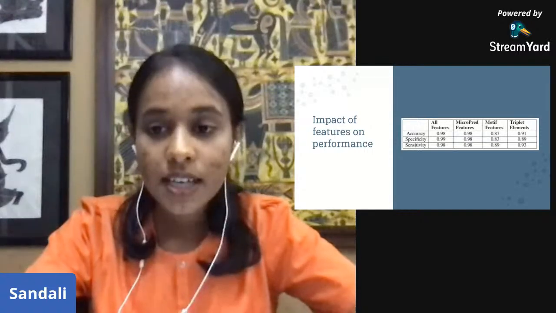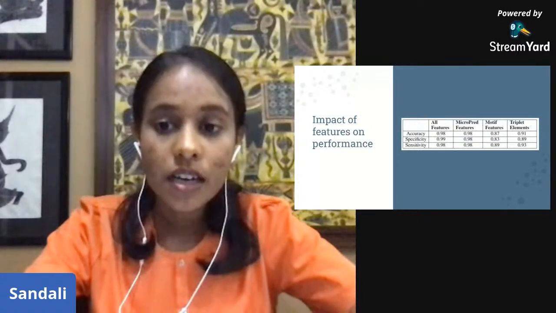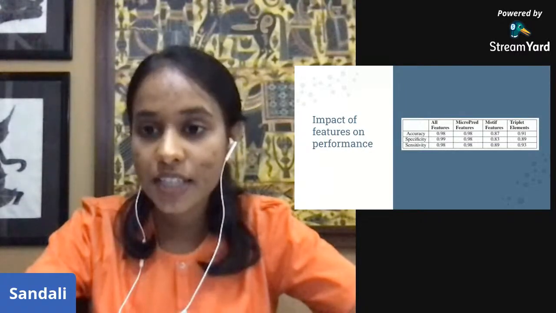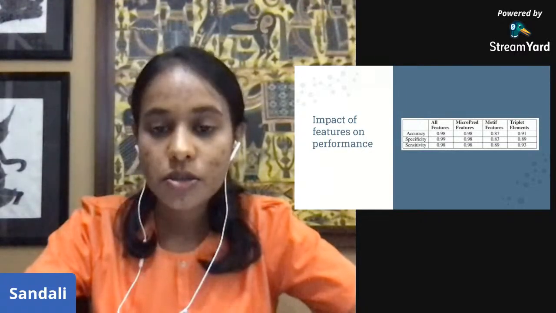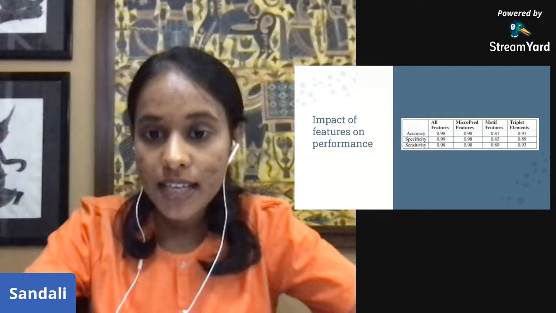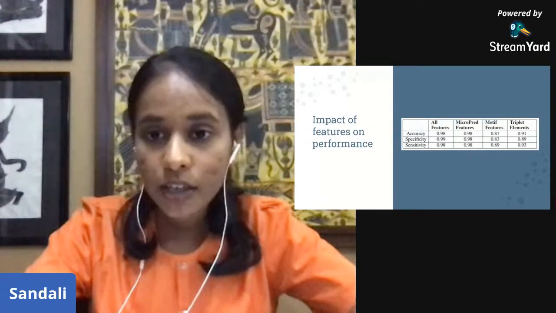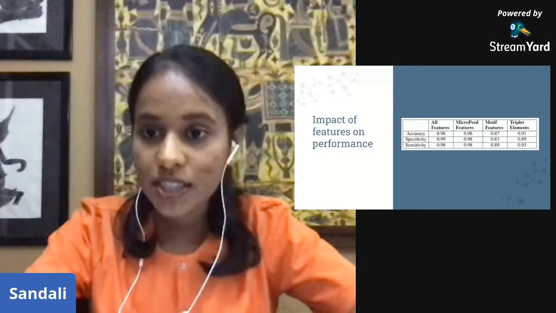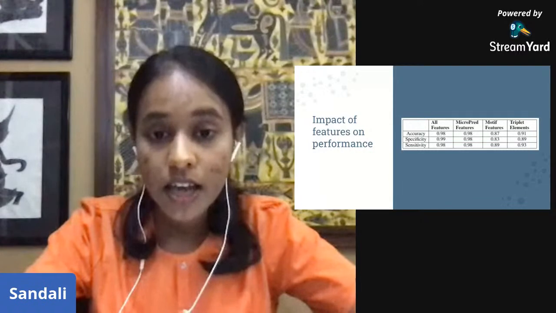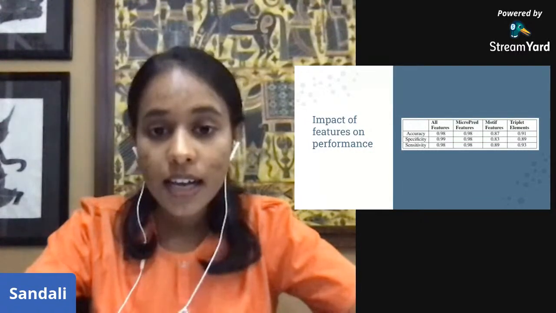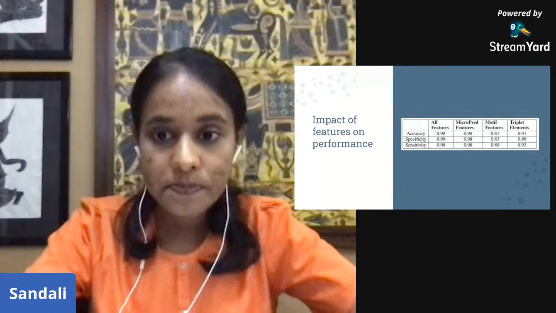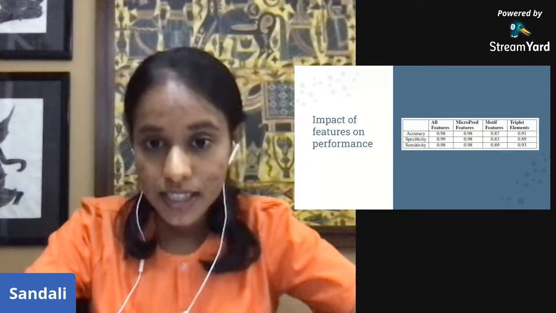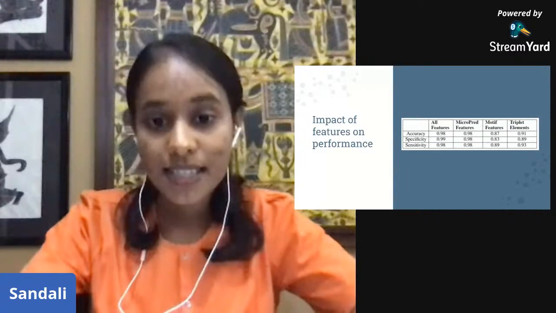accuracy values than the other models that used MicroPred features and triplet element features. And we can see that when we combine all these features, MicroPred features, motif features, and triplet element features, we have gained 98% accuracy, 99% specificity, and 98% sensitivity.